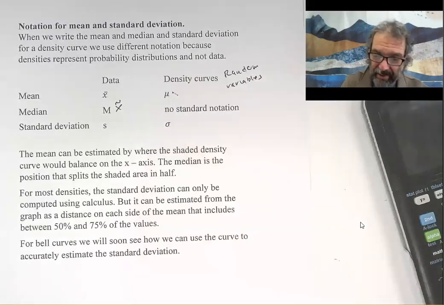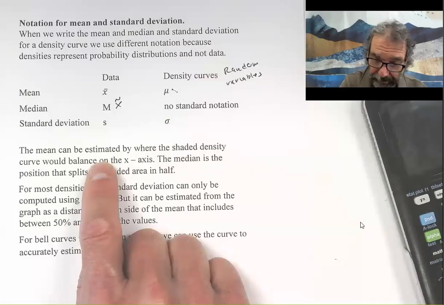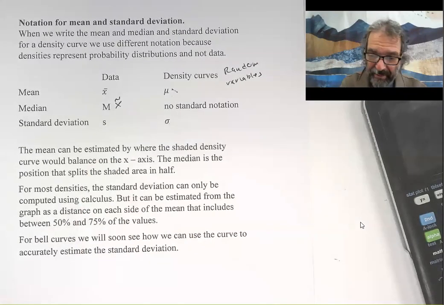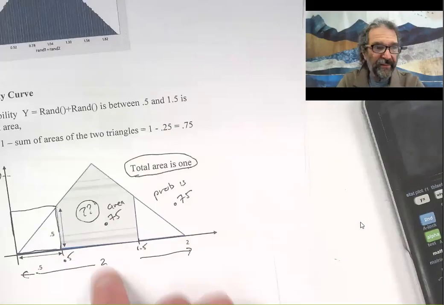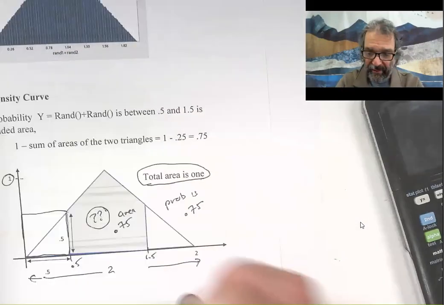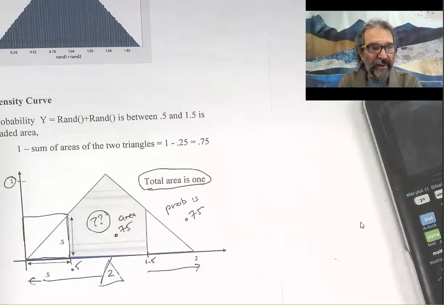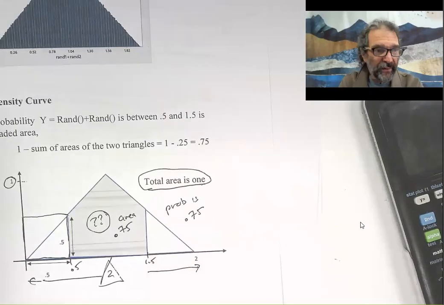So one of them is estimating the mean. The mean can be estimated by where the shaded density curve would balance on the x-axis. And the median is the position that splits the shaded area in half. So if you have a triangular density function like this, you see the balance point would be in the middle of it there. So the mean is right there, it's at 1.